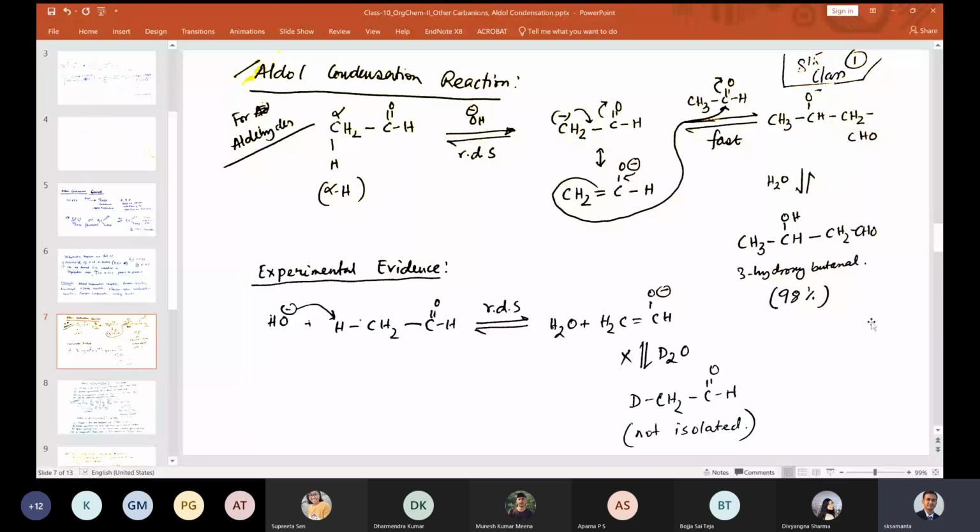If there is no acidic alpha hydrogen atom, then aldol condensation cannot happen. But then what would be the reaction? That reaction would be called the Cannizzaro reaction. Correct? That we have seen already. In absence of alpha hydrogen, it's the Cannizzaro. In presence of acidic alpha hydrogen, it is the aldol condensation.